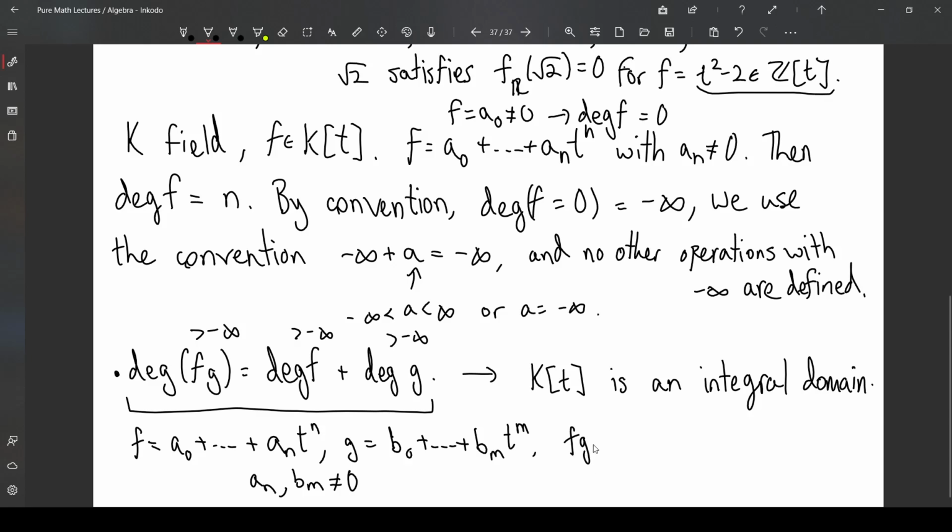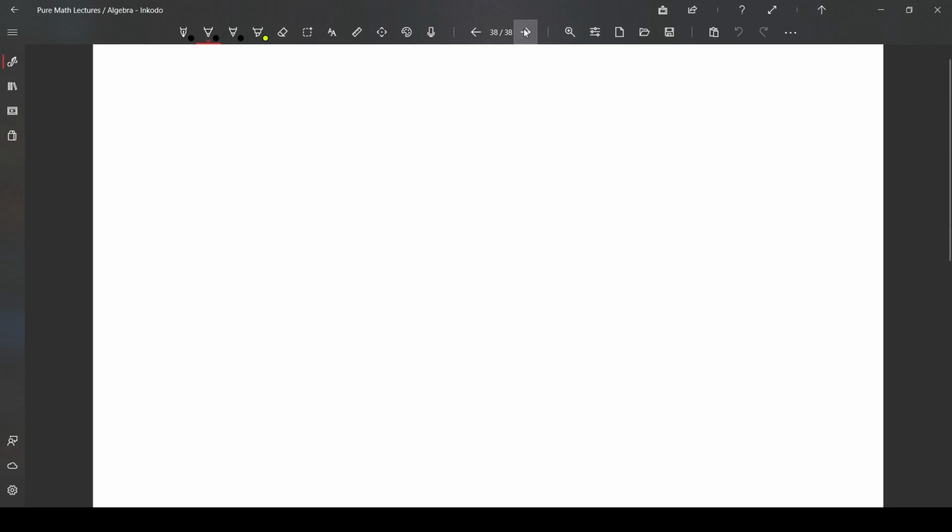And then fg goes up to a_n b_m t^(n+m), and this is non-zero, so the degree is n plus m. So I'm skipping over some minor technical details, but these are tedious things that you can find in a textbook if you so desire, or carefully go through them yourself. Okay.